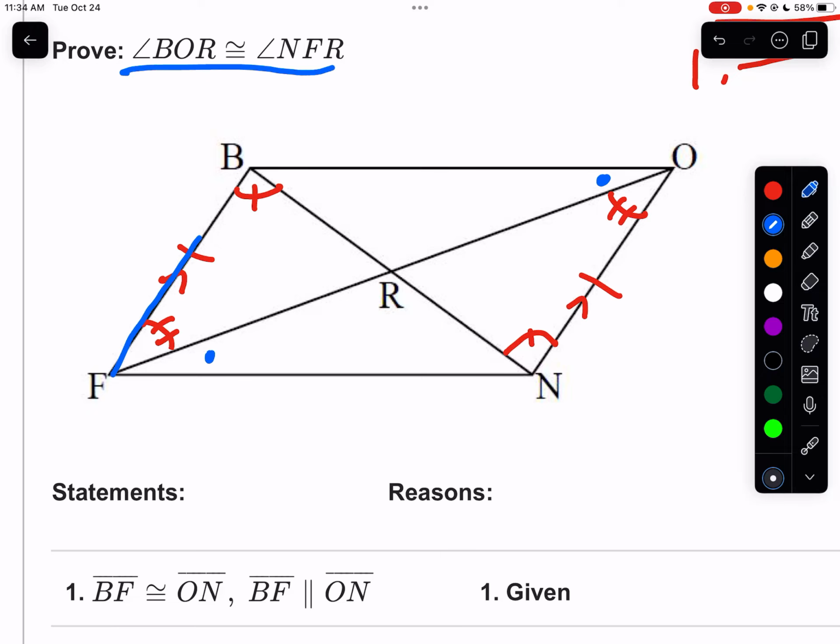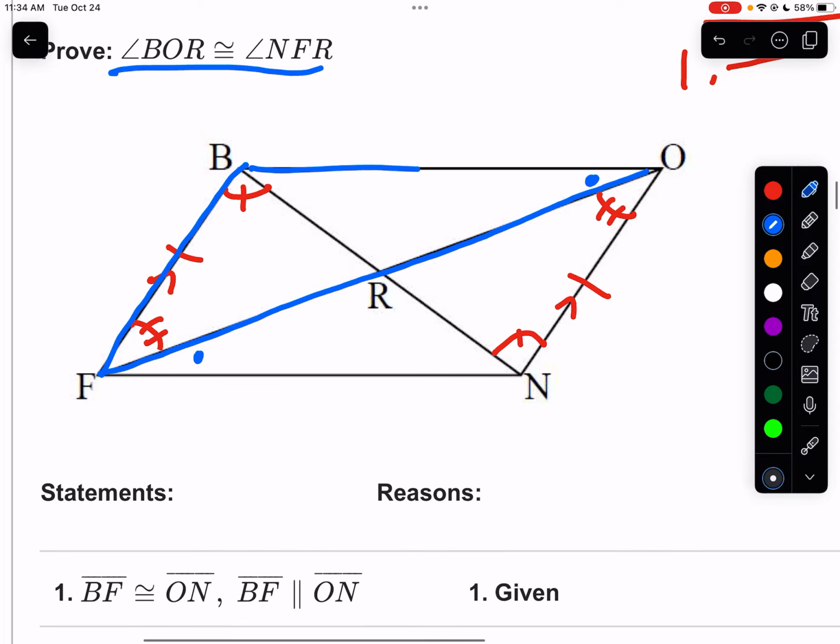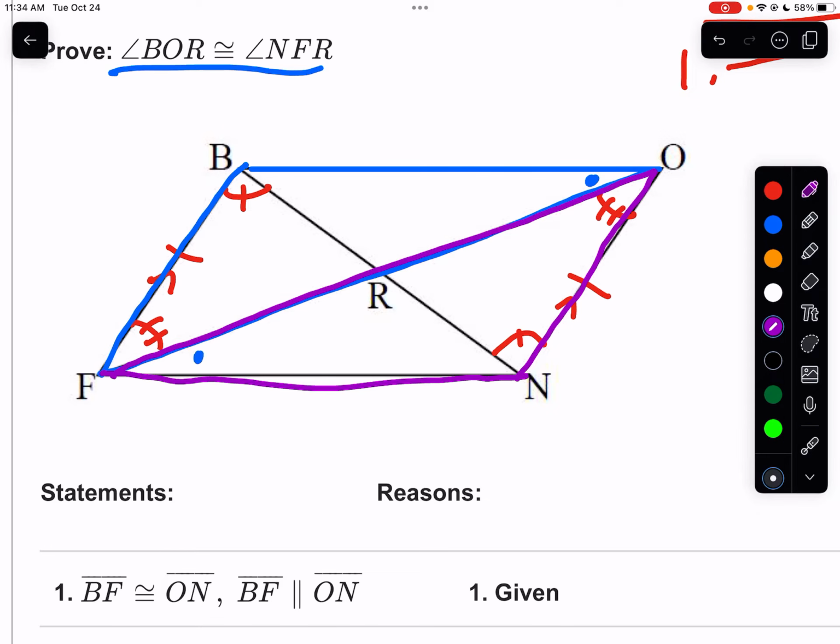And if I trace that side and this angle, doesn't this big triangle have that angle at the top that I want? And if I do the same situation down here, don't I have the other angle that I want? So this is a huge shortcut. And if you see this, you're going to do it a lot faster.